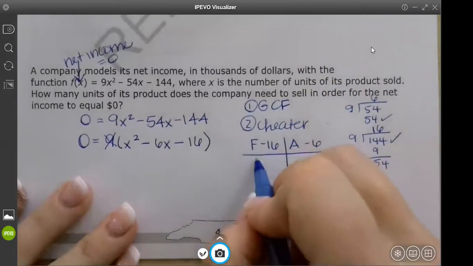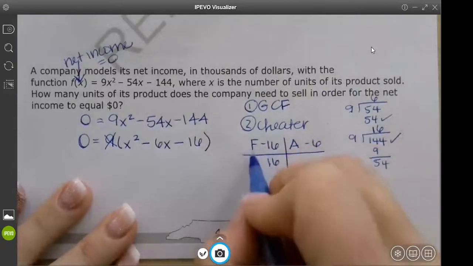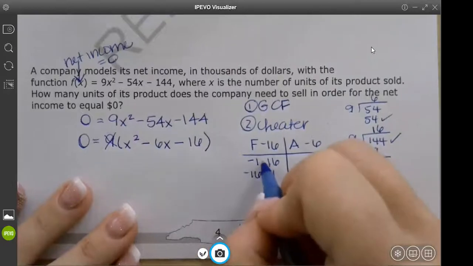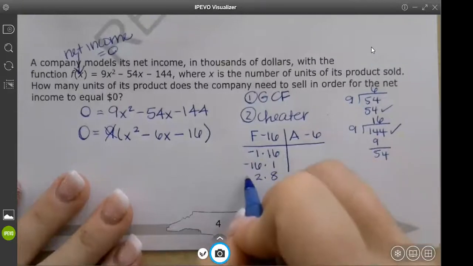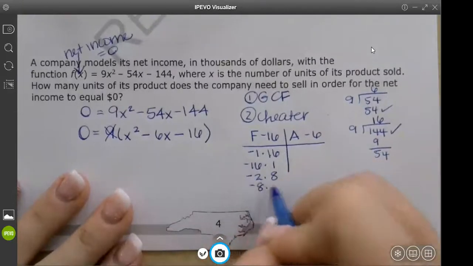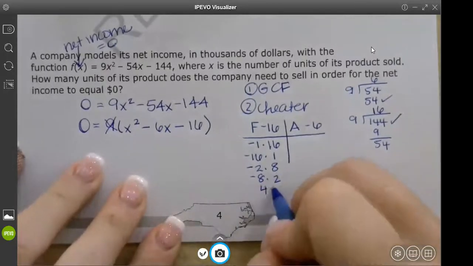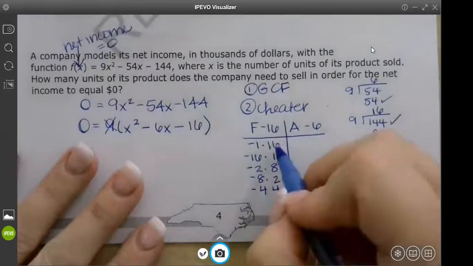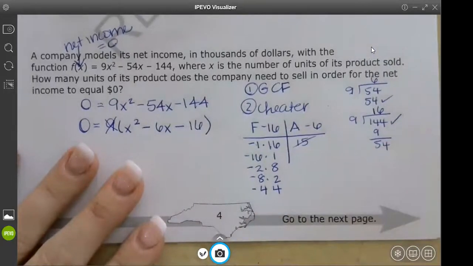So factors of 16 are 1 and 16, but I want negative 16. So that's either going to be negative 1 and 16 or negative 16 and 1. I have 2 and 8. So it's either going to be negative 2 and 8 or negative 8 and 2. And I also have 4 and 4, so one of them would have to be negative. If I add these together, 16 minus 1 is 15, so that one's not right.